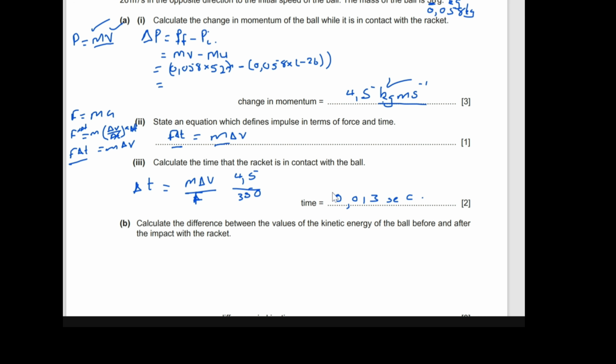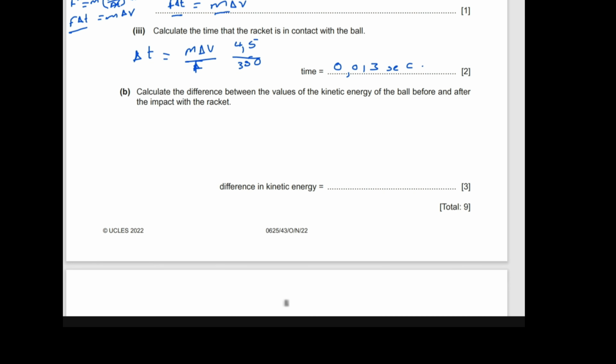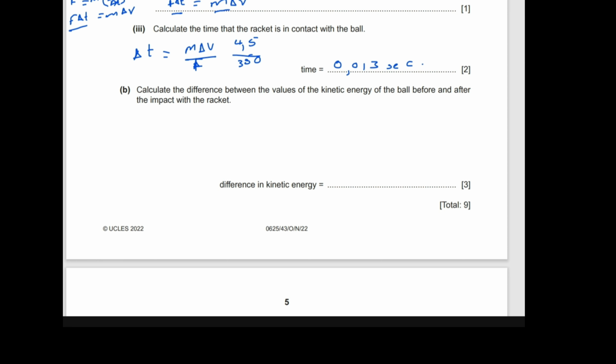Okay, let's move to the next question. Calculate the difference between the values of kinetic energy of the ball before and after impact. Before and after impact. Okay, one thing that you need to notice is that energy is either lost or conserved. When energy is conserved, it means that there was no energy loss.